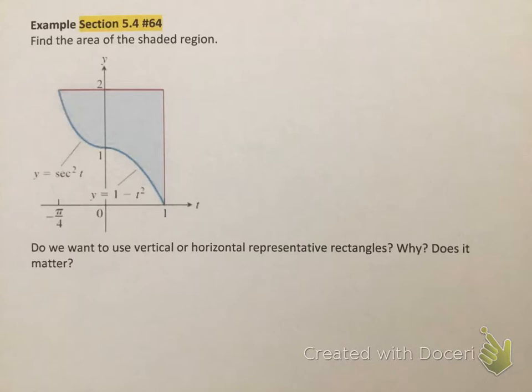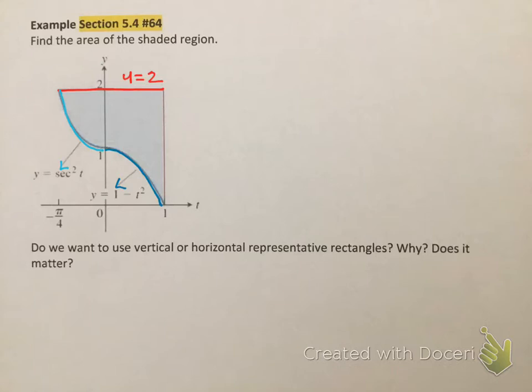You have the equation y equals 2 here. You have this curve right here, which is y equals secant squared t. And you have this curve right here, which is y equals 1 minus t squared.